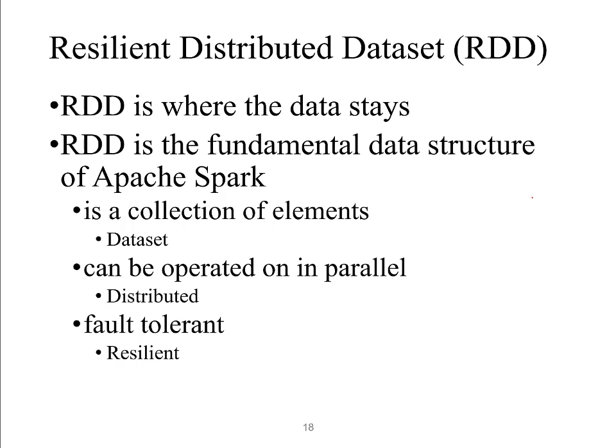Basically, we are able to recompute missing or damaged partitions if a node fails. So an RDD is capable of rebuilding data on failure, which makes it resilient. So that is a resilient distributed dataset.